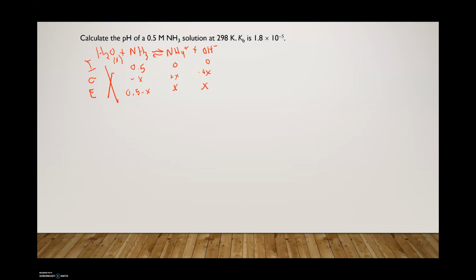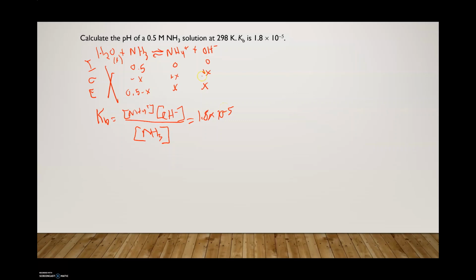So the next thing I'm going to do is write the expression for the Kb reaction. So Kb is equal to the concentration of NH4 plus 1 times the concentration of OH minus divided by the concentration of NH3, which is equal to 1.8 times 10 to the negative 5.